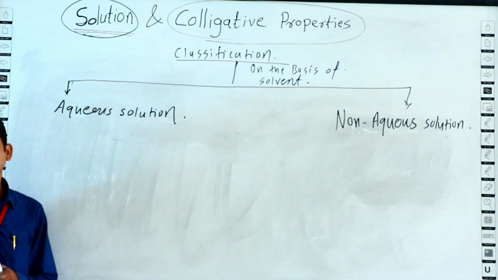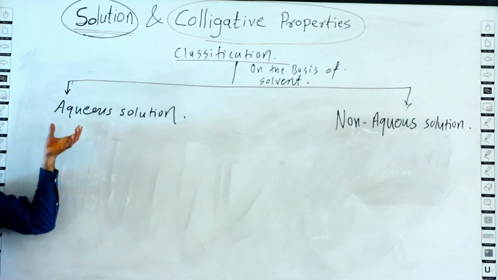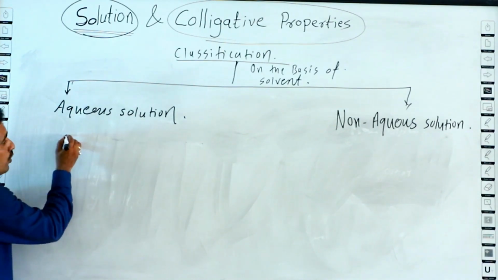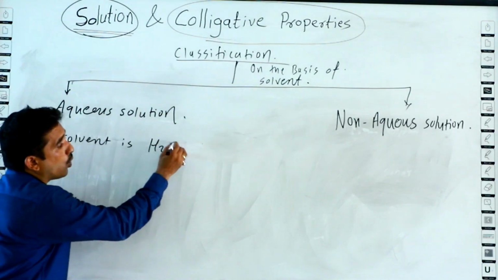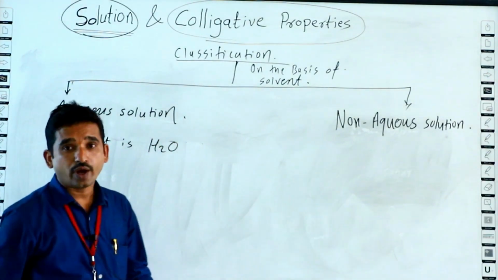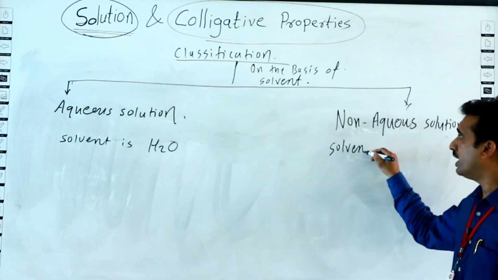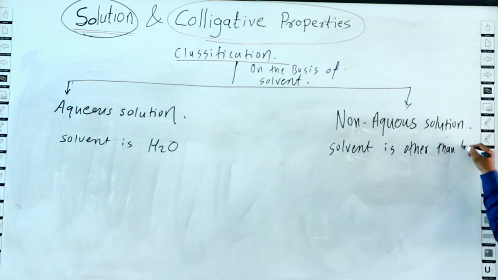These are also important types of solution. Aqueous solution means here the solvent is water, while in the next case the solvent is other than water.